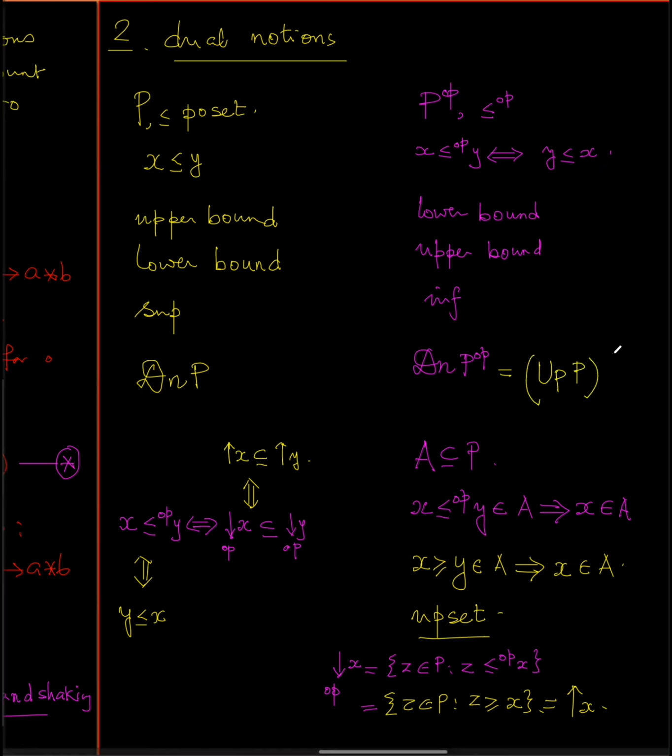So bigger upsets would be considered smaller in downsets of P op.